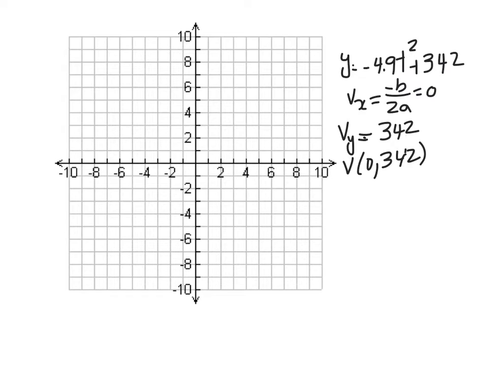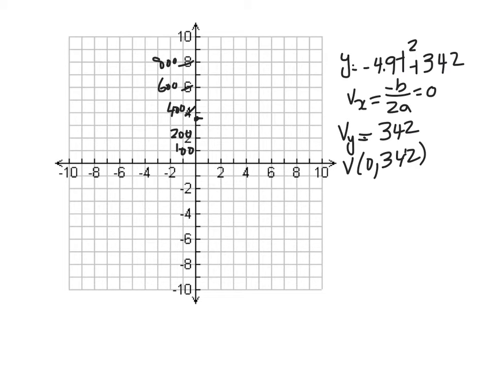I'm going to call this one 100, this one 200, this one 400, and so forth. And this is 600, this is 800. Now 342 is going to be, this is 100, 200, 300, so it's going to be somewhere in the middle. So this is going to be my vertex here.